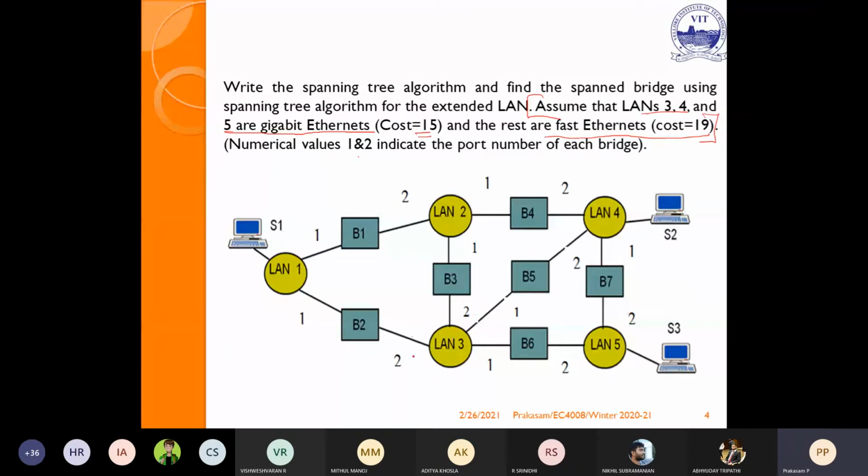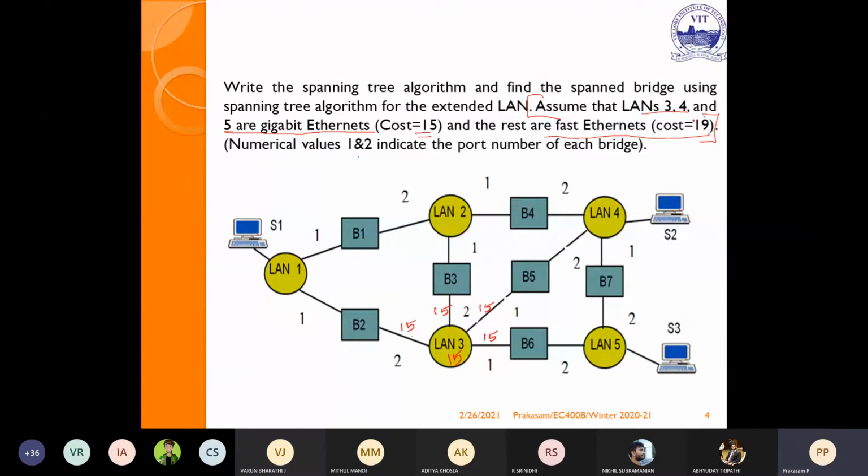So LAN 3, the cost is 15, means all the links connected to LAN 3 are 15. For example, this is 15, this is 15, this is 15, this is 15. Any doubt here? Shall we proceed? Yes, sir. Okay.